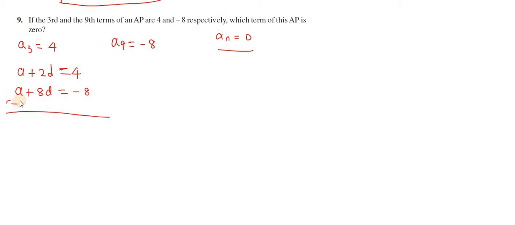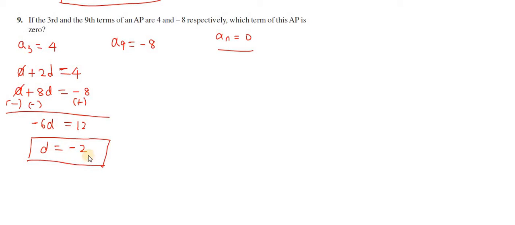Here A minus A gets cancelled, so minus 6D. Why? Because minus 8 minus 4 is minus 12, so minus 6D is equal to 12. Therefore D is equal to minus 2. How? 12 divided by minus 6: 6 ones are 6, 6 twos are 12.